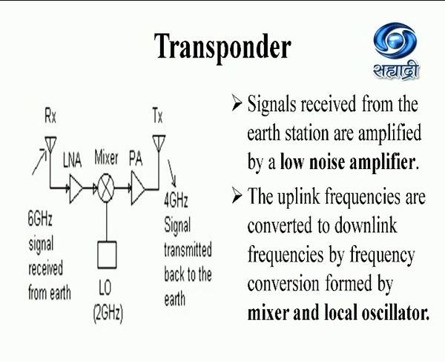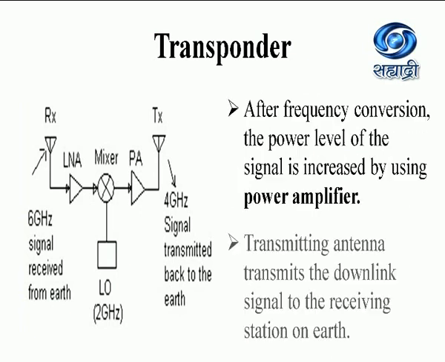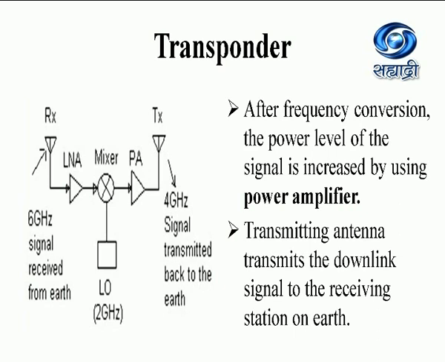Here a 2 GHz frequency is generated by the local oscillator and mixed in the mixer, and 6 GHz is converted into 4 GHz frequency. After frequency conversion, the power level of the signal is increased by the power amplifier circuit. Then the transmitting antenna transmits the downlink signal to the receiving station on the earth. That's why the downlink frequency is 4 GHz.